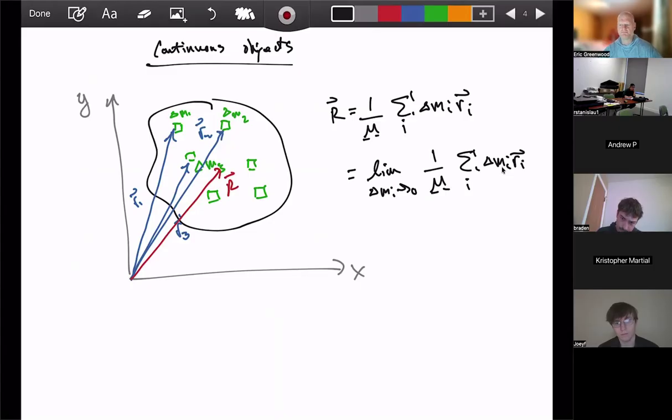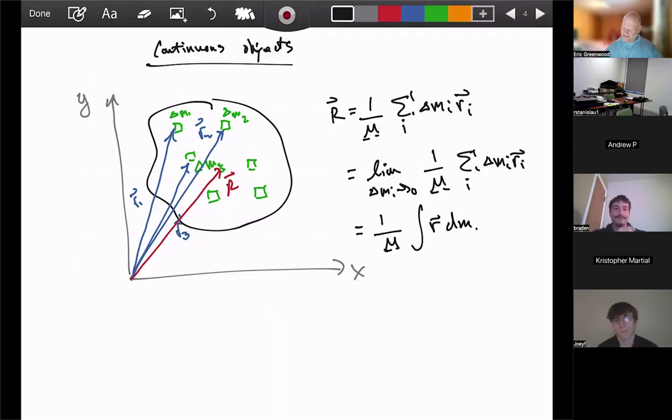But what's the limit of a sum? An integral. So this is going to be the same thing then as 1 over the total mass integral of the position vector weighted by the differential mass. Look familiar, I hope.